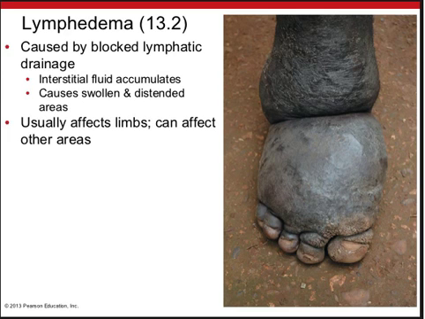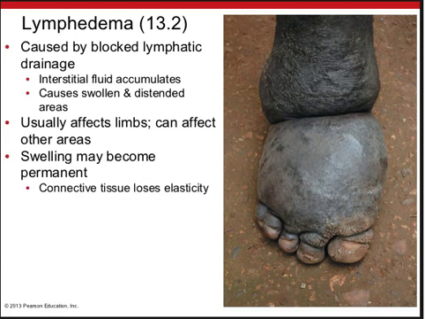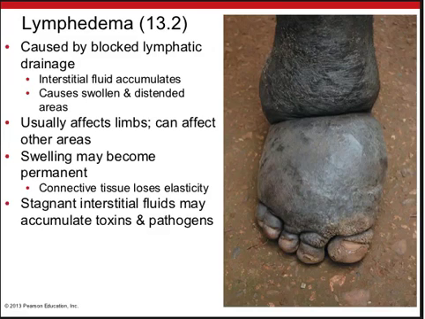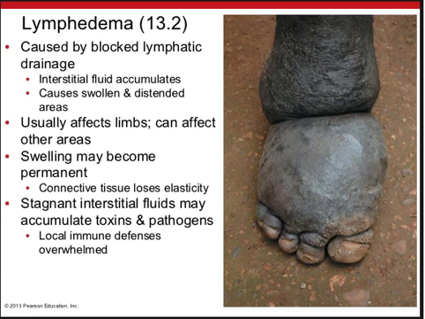It usually affects the limbs, but it can affect other areas as well. Sometimes the swelling becomes permanent because the connective tissue loses its elasticity. The stagnant interstitial fluid will accumulate toxins and pathogens, and local immune defenses will be overwhelmed, and the result often is tissue death.